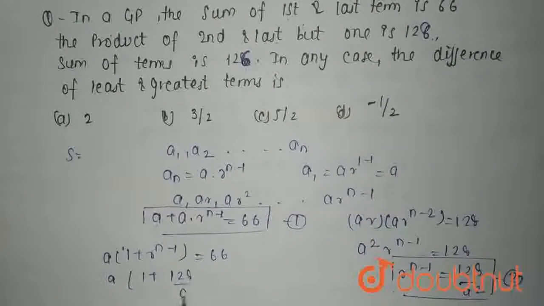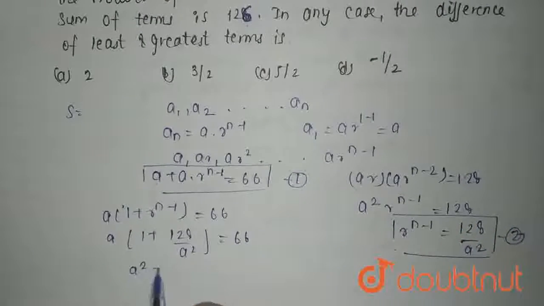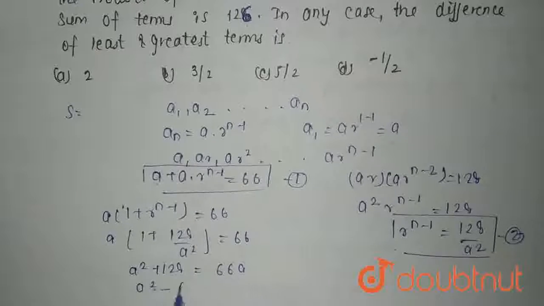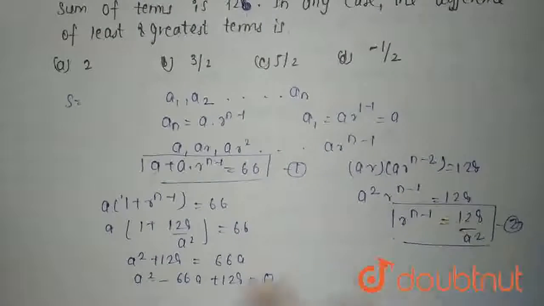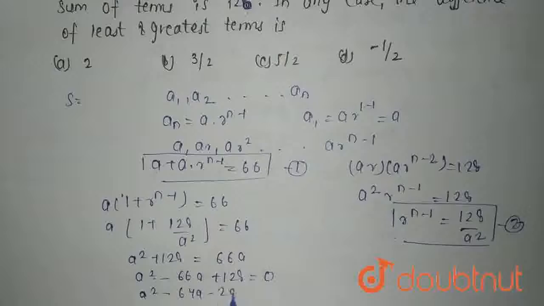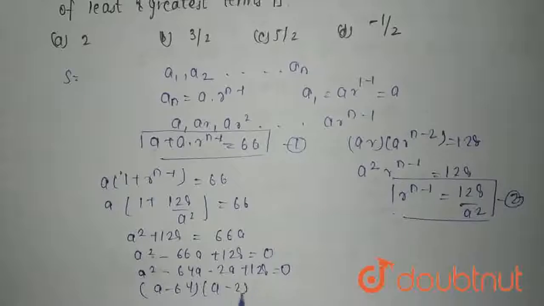So a plus 128 divided by a is equal to 66. Now solving this equation, you have a square plus 128 is equal to 66a. So a square minus 66a plus 128 is equal to 0. Now factorizing this equation, you will have a square minus 64a minus 2a plus 128 is equal to 0. So you will have (a minus 64) into (a minus 2) is equal to 0.